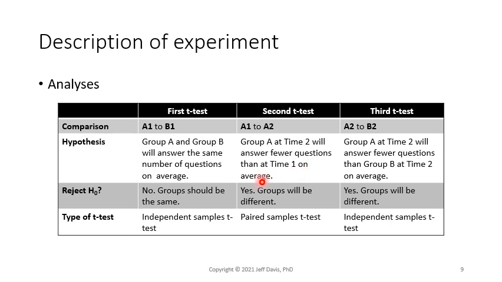Group A at time 2 is after exposure to the social stressor. So the number of questions they try to answer at time 2 should be fewer than at time 1, and on average there should be a difference there.